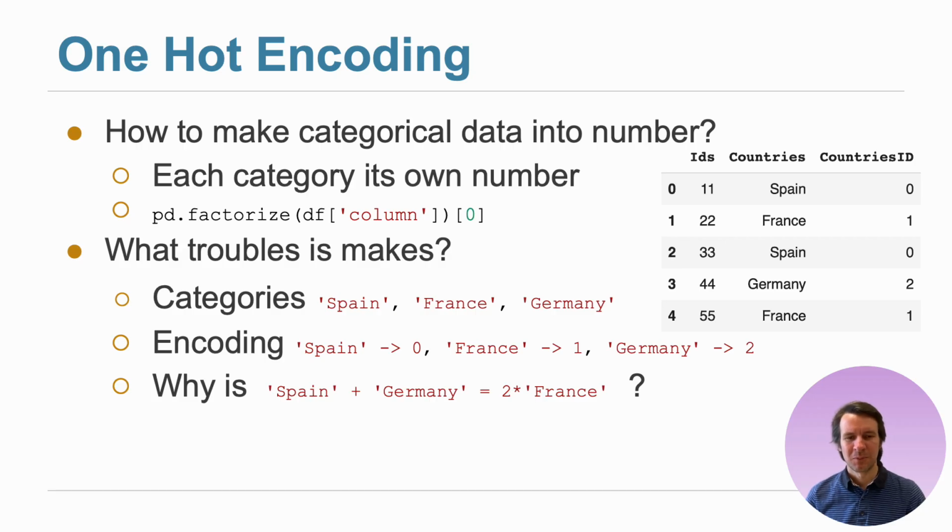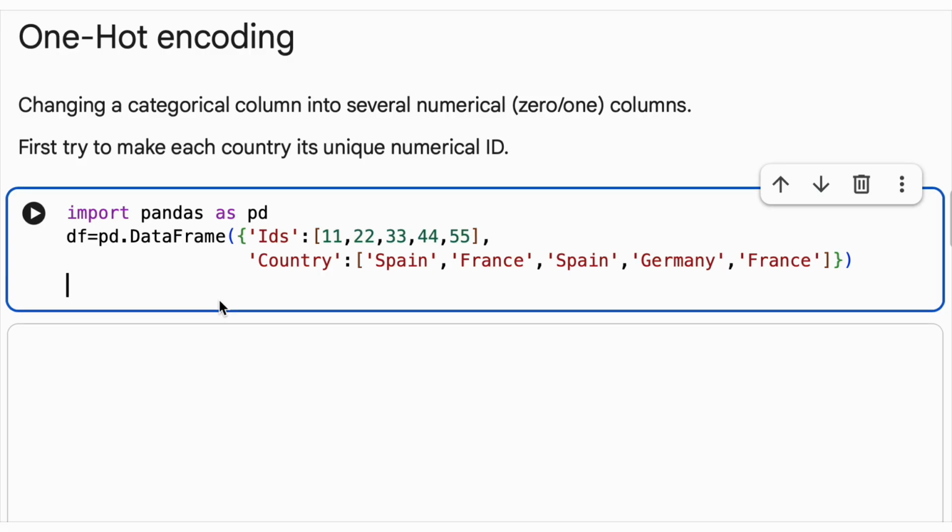The problem with this somewhat is, if you are trying to use the country ID in some regression, then you may have some interesting algebra there, saying, for example, Spain plus Germany is 2 times France. I don't know, it seems suspicious, right, to make an assumption like that.